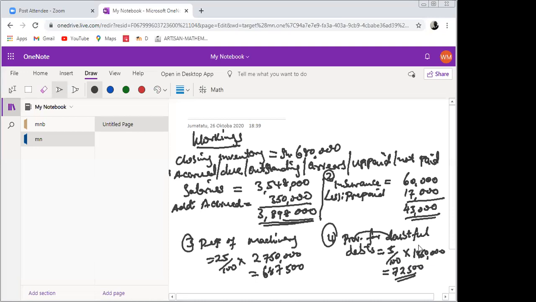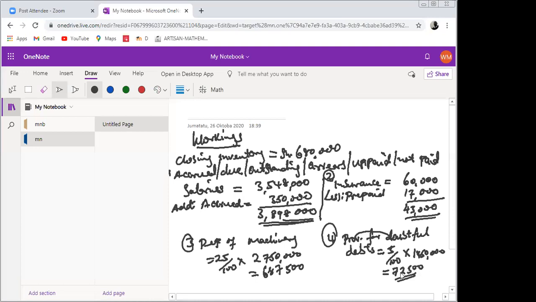So we normally assume that initially this sole trader was not having a provision. Remember, a provision for doubtful debt is the amount that you set aside in case the debtors or accounts receivable don't honor their pledges, or some are declared bad and we encounter bad debts. This amount will cater for that.